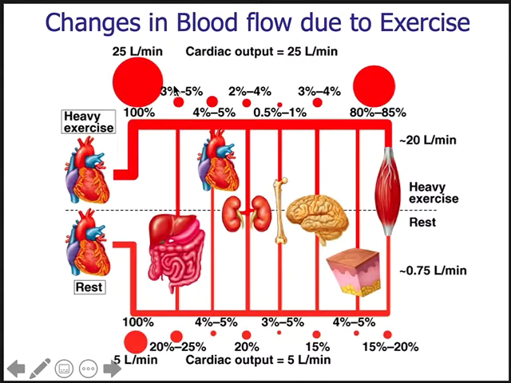What is 3% of 25? And do that for each of these values so that you can actually compare rest to exercise. I'm not going to test you on a specific number, but I do want you to know the trends: the muscles get the most blood during exercise.